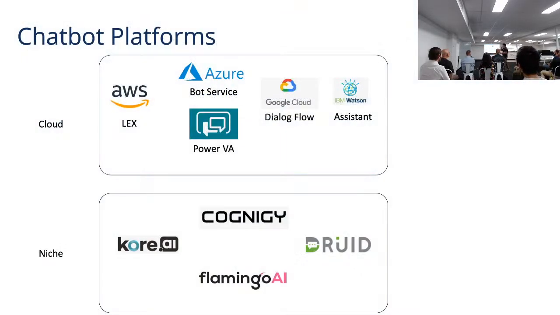Okay, chatbot platforms, right? They're kind of split between two. You've got cloud, which is essentially the big boys in town. You've got AWS, they've got Lex. Microsoft's got two: the Azure bot service, and Power Virtual Agent, which comes with your Power Apps or Office 365 deployments. I'll talk a little bit about that in a minute.